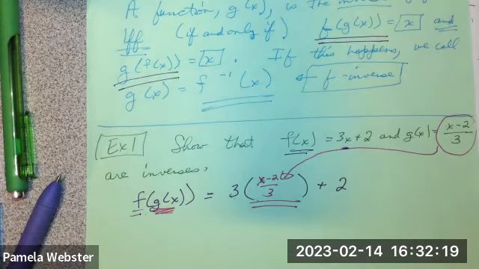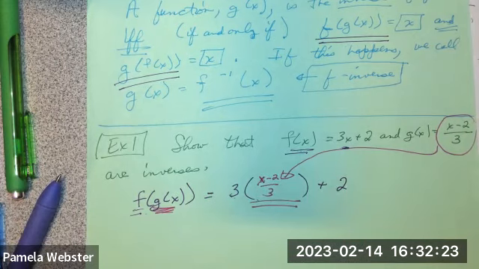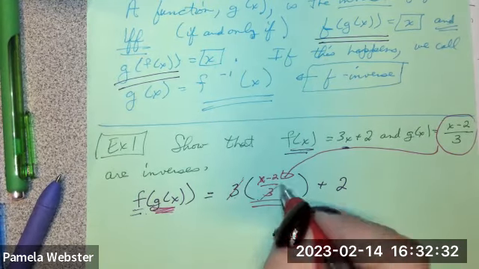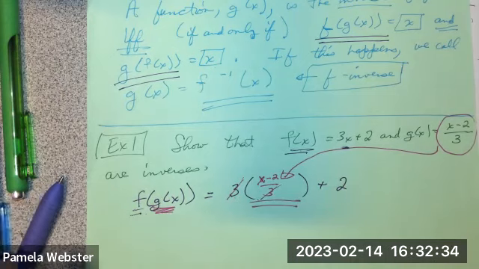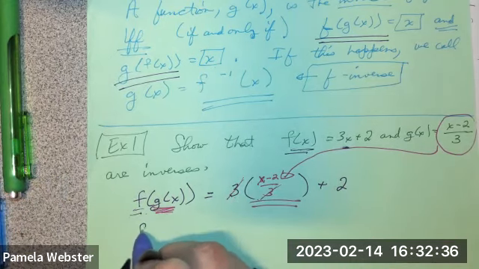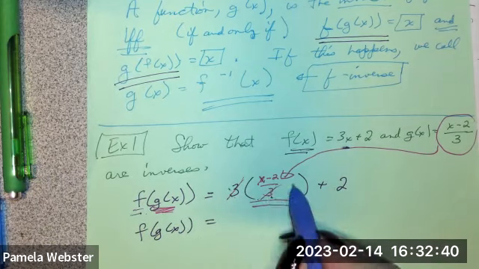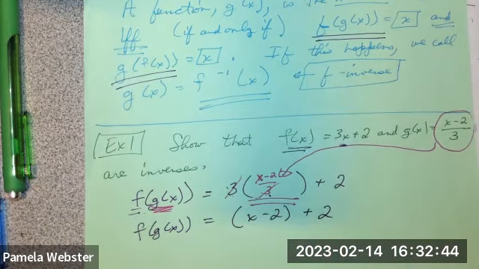Okay, so plug it in everywhere you saw an x, and then we just simplify, right? Well, when we go to simplify this guy, it's actually kind of nice because the 3 is being multiplied by the x minus 2 over 3. So the 2 3s are going to reduce. And then we say, well, f of g of x is equal to, these went away. I still have in the parentheses x minus 2, and on the outside a plus 2.